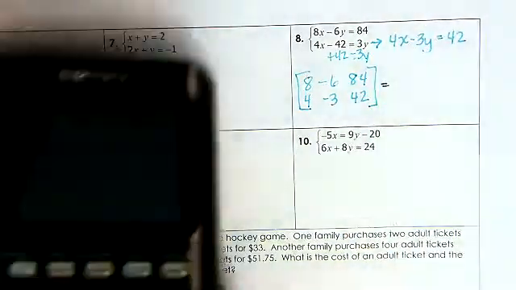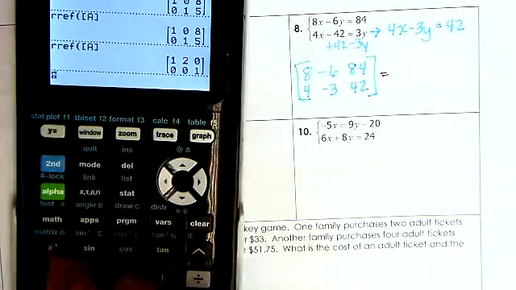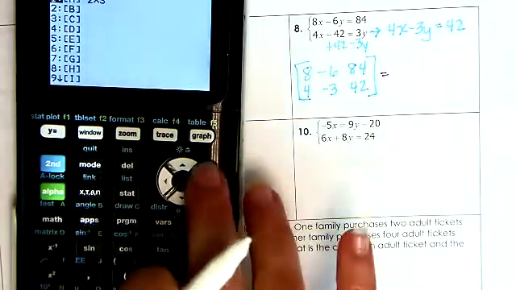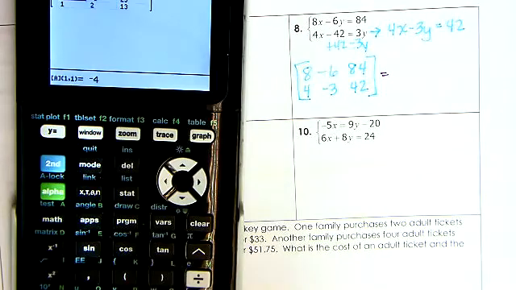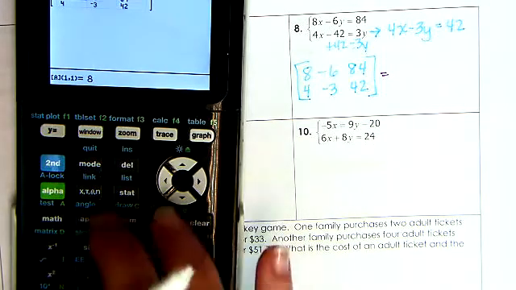Here we go. So now we take and punch this into the calculator. So we have second matrix, edit. I have 8, enter, -6, enter, 84, enter, 4, enter, -3, enter, 42, enter.